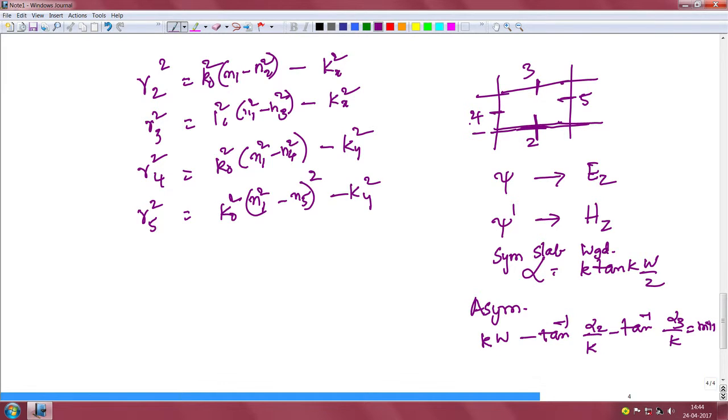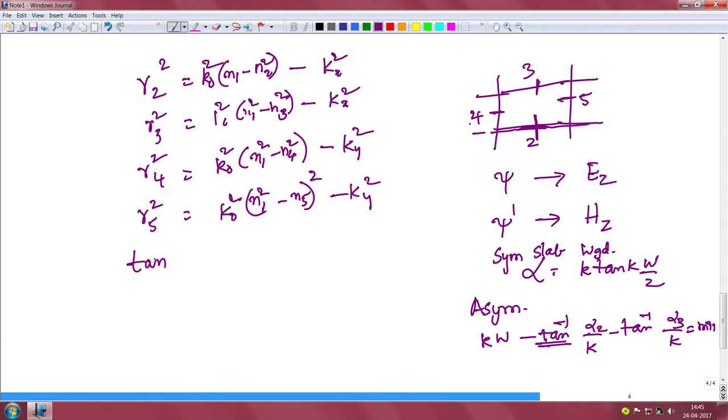So, effectively it is in terms of transcendental functions of tan. So, similarly we can apply the boundary conditions and obtain the characteristic equations or the dispersion equations to obtain the values of kx and ky. So, I will just write down and summarize later on.